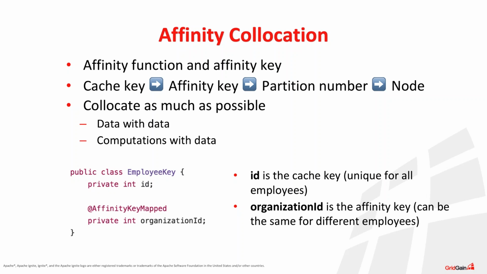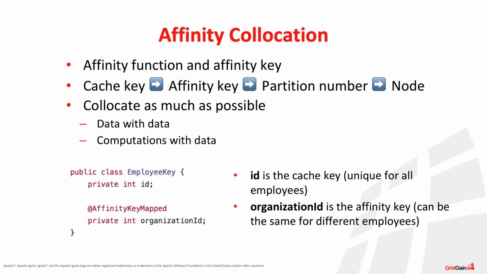So in this case, you will create a special employee key class, which will be used as a cache key, but there will be actually the ID which will be used as a cache key. So the equals method and hashcode method of the employee key will be based on this ID field, and this has to be unique for all employees.